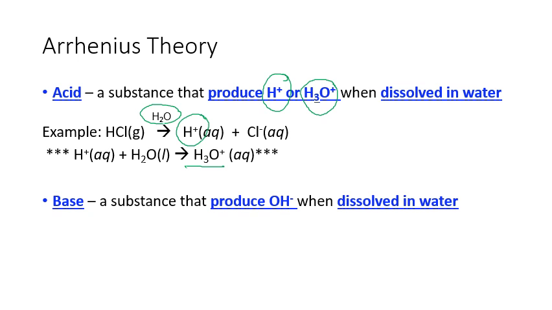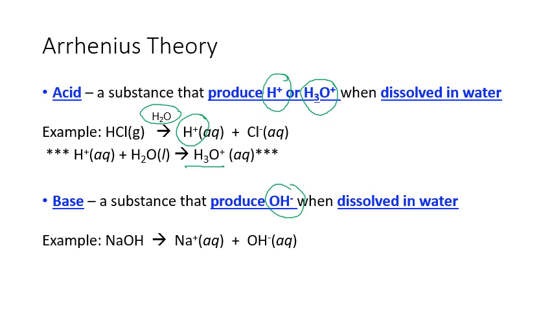While a base is a substance that will produce hydroxide ion when dissolved in water, the general example of a base is NaOH. Basically, Arrhenius theory is the definition that you learn in SPM.